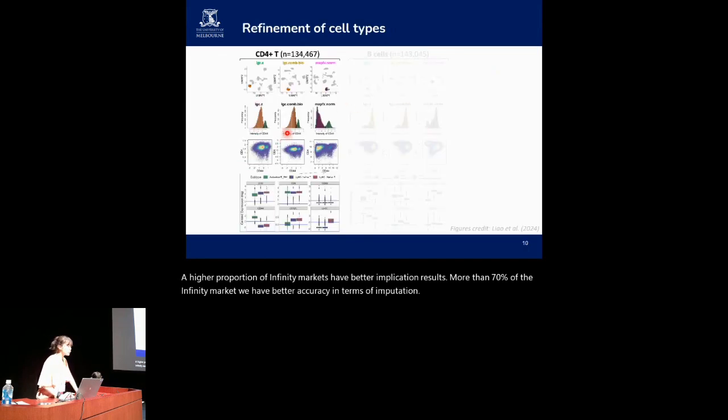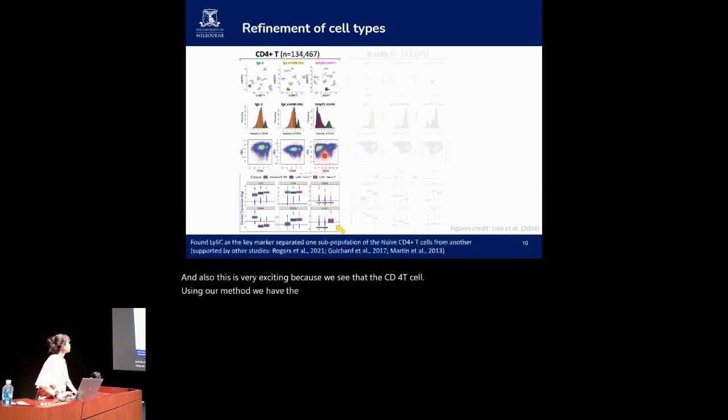Also, this is very exciting because we see that for the CD4 T cell, using our method, we have the potential to find the subpopulation of naive CD4 T cell. So this is evidence that we see the potential of finding the subpopulation.